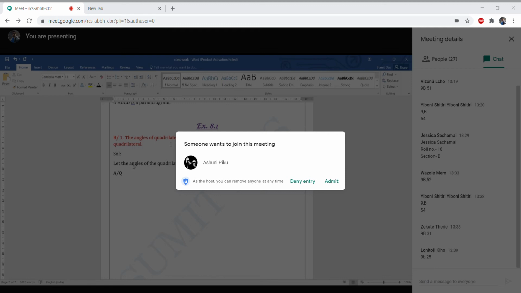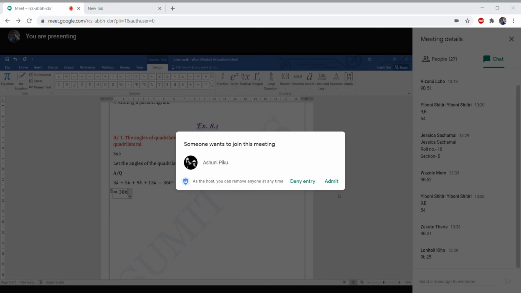So we can write 3k plus 5k plus 9k plus 13k is equal to 360 degrees. Now only the simplification: 3k plus 5k, 8k, 8, 9, 17, 17 and 13, 30k.